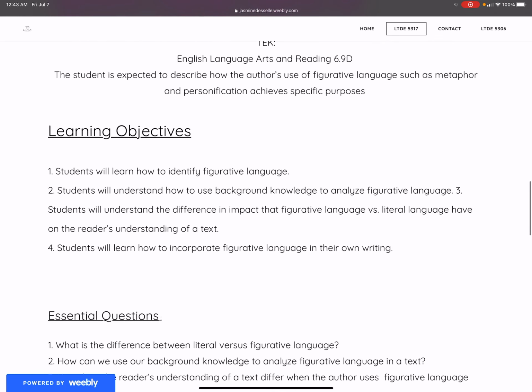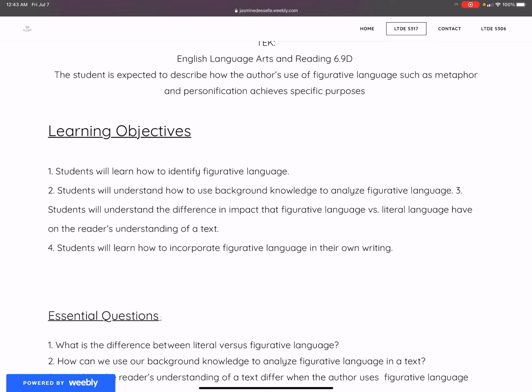So I have my learning objectives here. I have four. The first one says students will learn how to identify figurative language. We talked about that just now. Students will understand how to use background knowledge to analyze the figurative language. Three, students will understand the difference in impact that figurative language versus literal language have on the reader's understanding of the text.